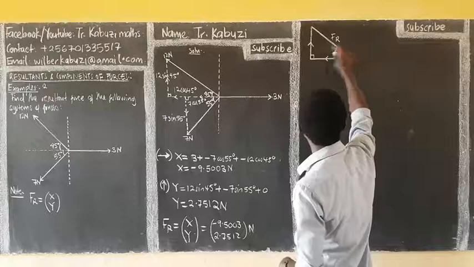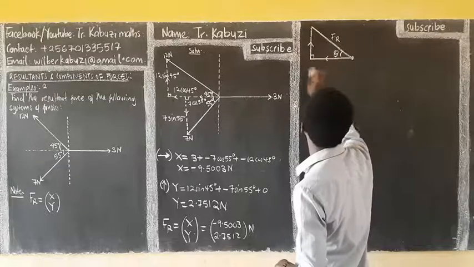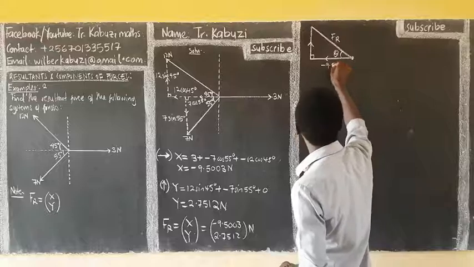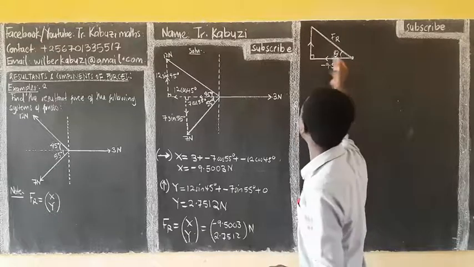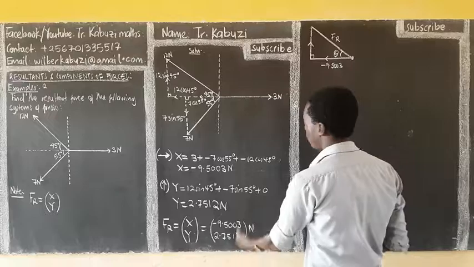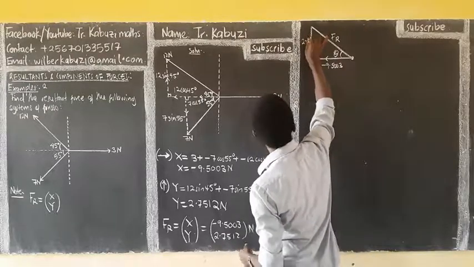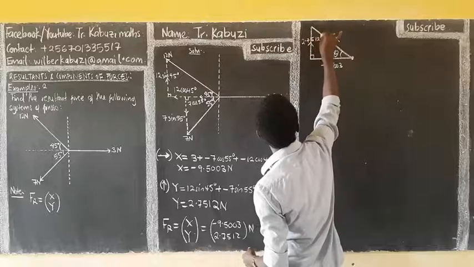Now you see that I'm having here negative 9.5003 because it's going in that direction, then a positive 2.7512.